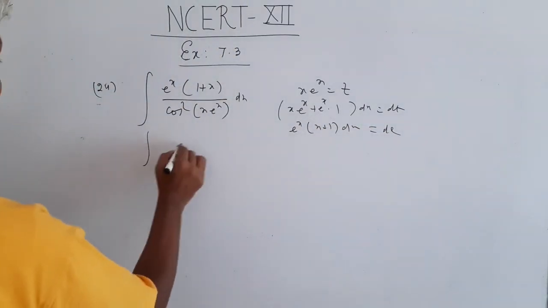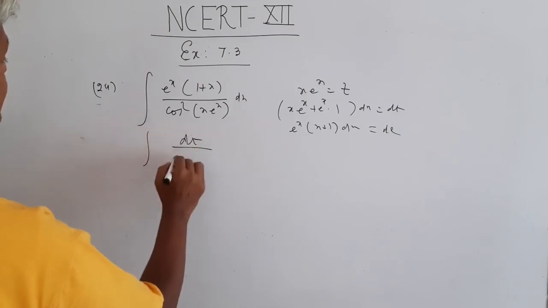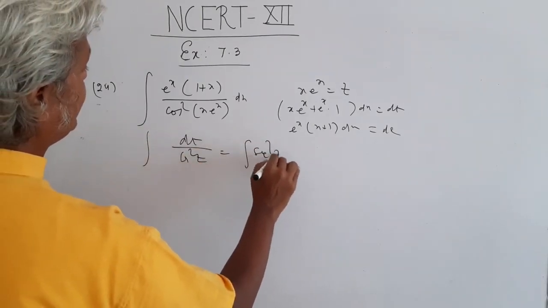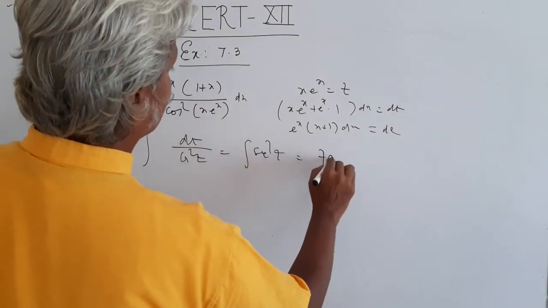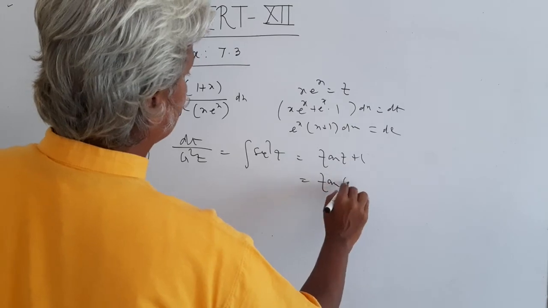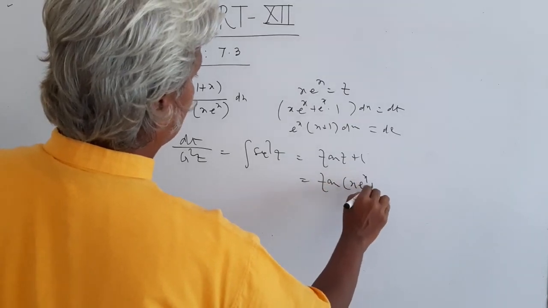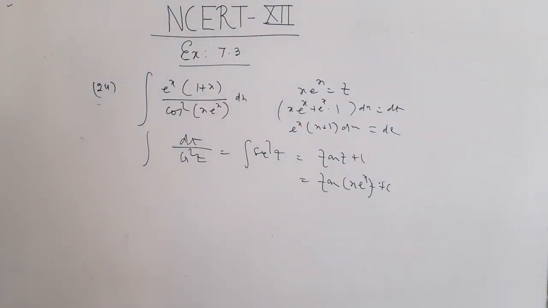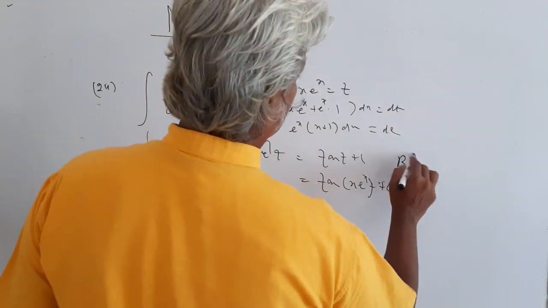So on the numerator you have dt, denominator you have cos² t, that gives you sec² t. This gives you integration of tan t plus c, that is tan(x e^x) plus c. So option B is the correct, tan(x e^x) plus c.